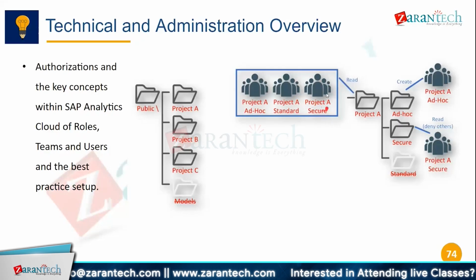Then project A standard is the team that will only do view or read-only things. Then project A ad hoc is the team that develops the objects. You can assign these 3 teams to project A. So that is one way. The other way is that you can define 3 separate folders for each project team and assign the folder to them. There are multiple ways to design the projects and teams.